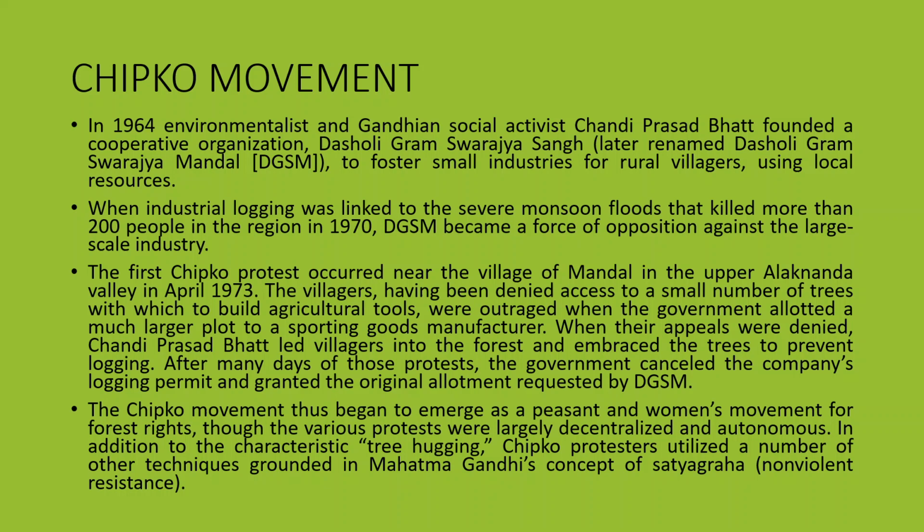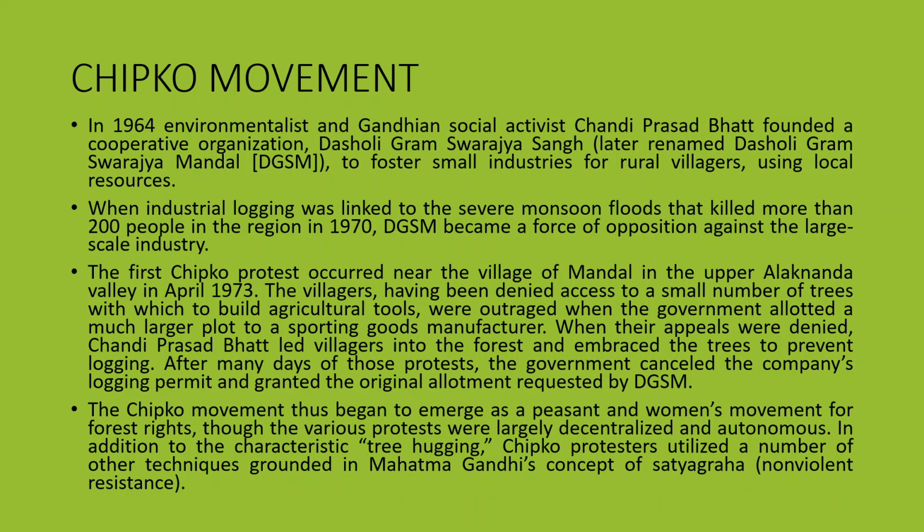The villagers, who had been denied access to a small number of trees with which to build agricultural tools, were outraged when the government allotted a larger plot to a sporting goods manufacturer. The government was inclined to allot these forests to large-scale industries for development purposes, but these appeals were denied by Chandi Prasad Bhatt and the villagers who were there to protect the forest resources.